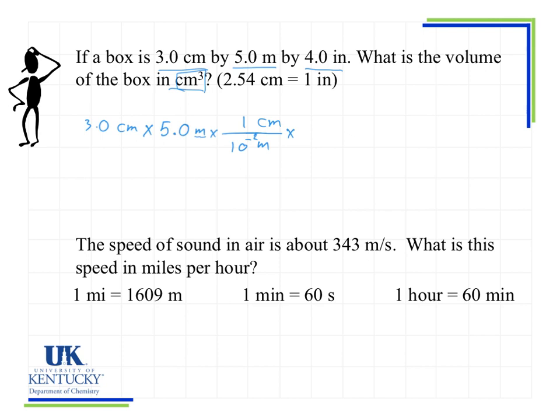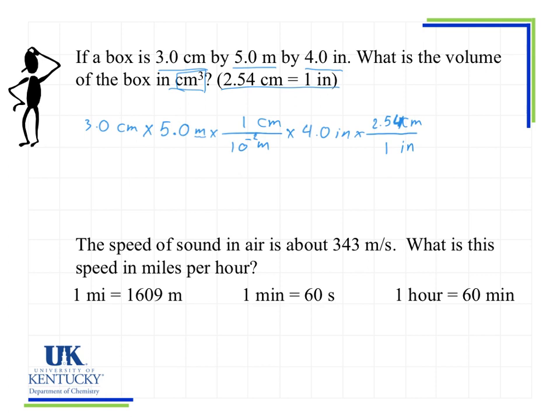And the last one is 4 inches. Again, we do not want this to be an inch, so I have to convert inch to centimeter, and with this equality, I know that 1 inch is 2.54 centimeter.